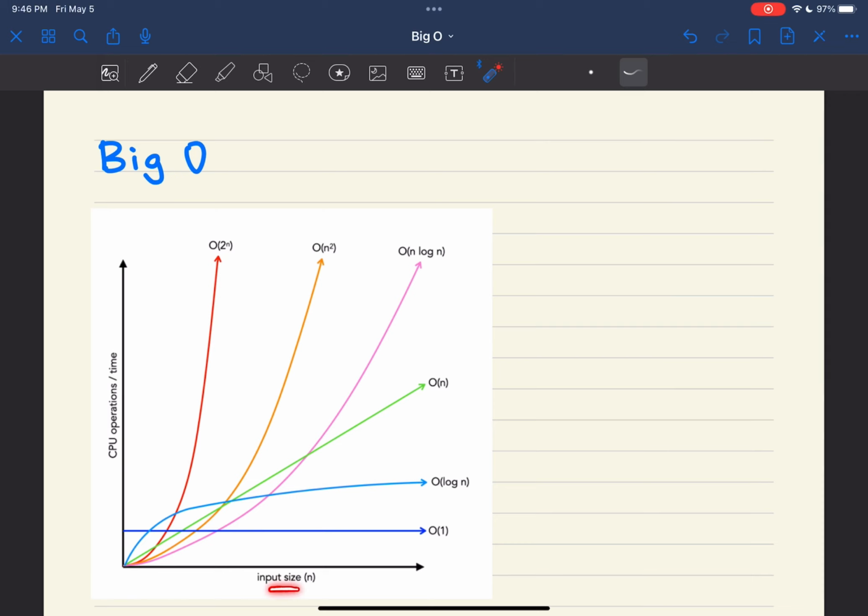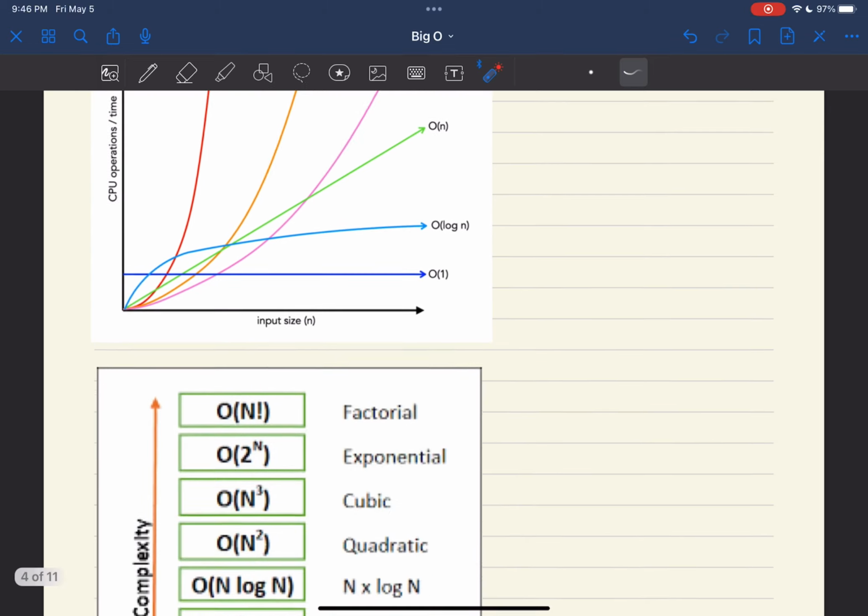As you can see, in the x-axis we have the input size, and in the y-axis we have time. Big O of 1, which is constant time, is the fastest as it does not depend on the input size. And then we have logarithmic time, linear time, and other big O values as well.